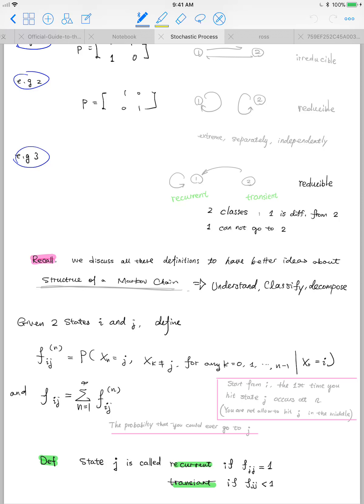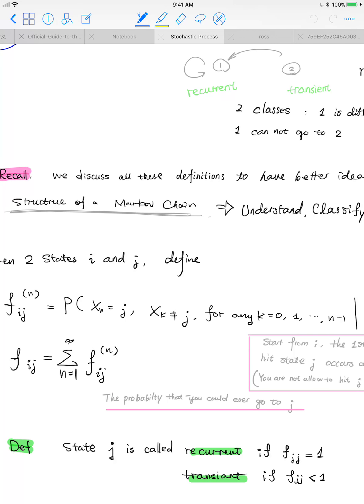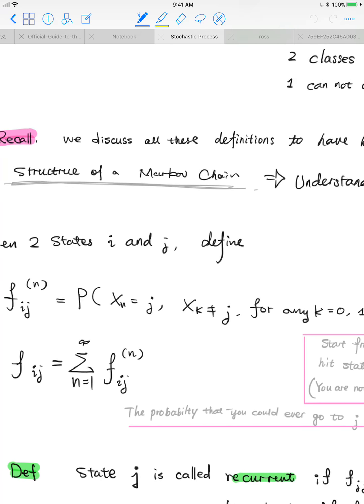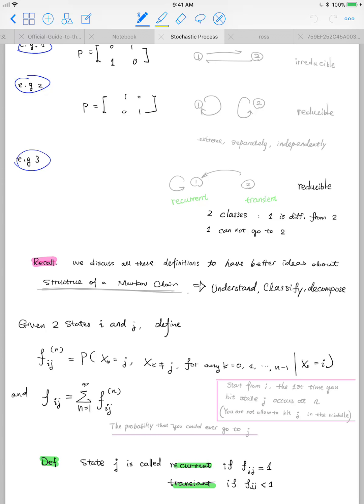So Fij(n) denotes the probability that you enter state J for the first time after n steps. And what is Fij? Notice the difference between Fij and Fij(n). Fij is the total sum over all n, from 1 to infinity. That means the probability that you could ever go to state J.